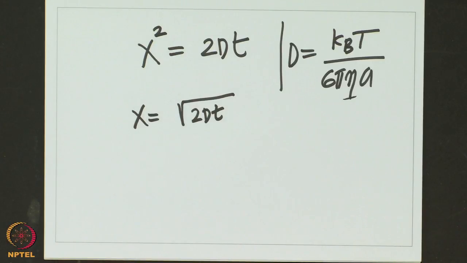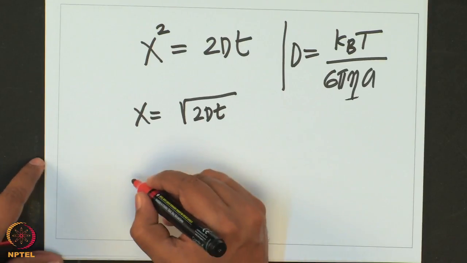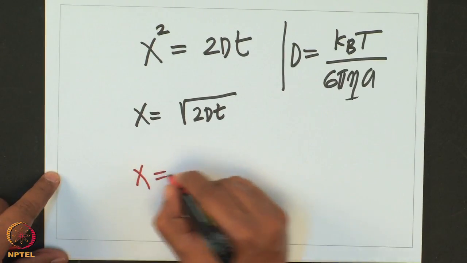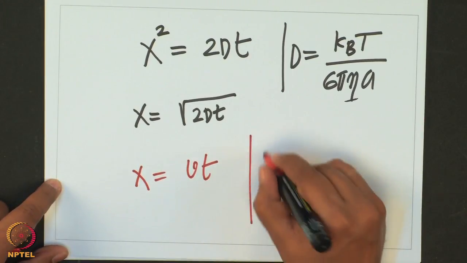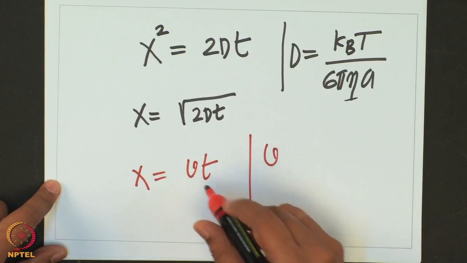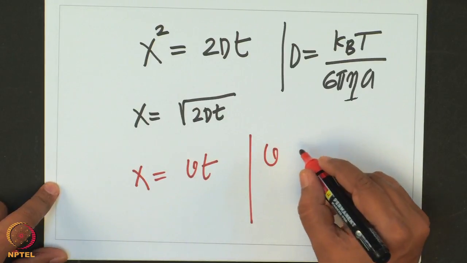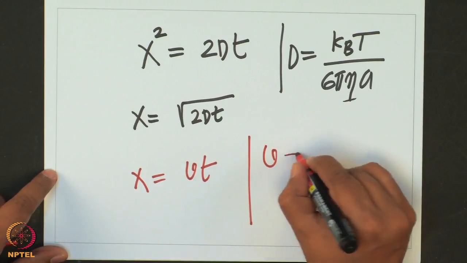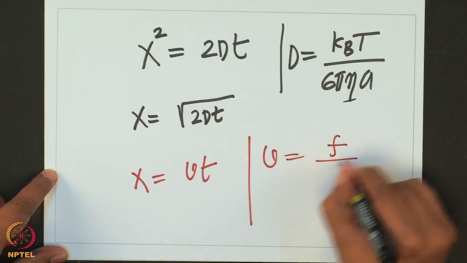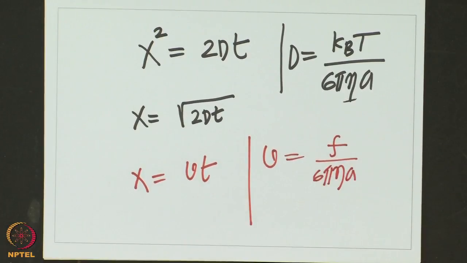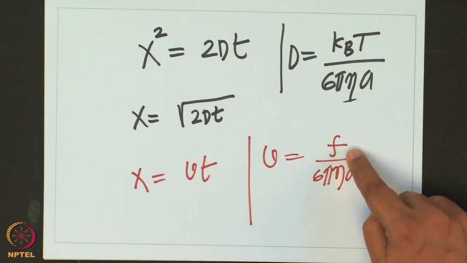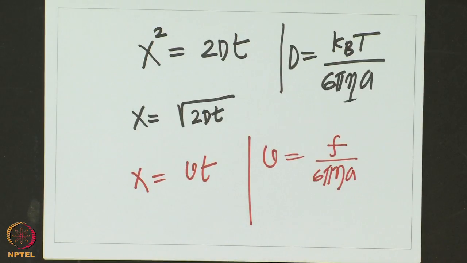On the other hand, for the active transport, x is vt. Here the velocity is not really constrained. If there is an external force, we saw that the velocity is F by 6 pi eta a. So as I increase the external force, I can increase the velocity, or I could drive this by hydrolyzing ATP.